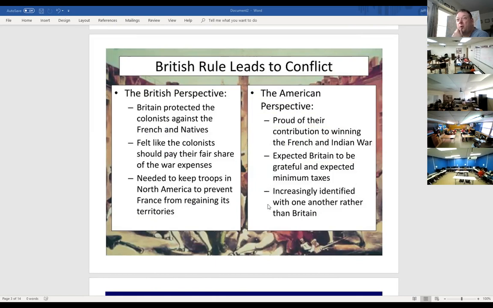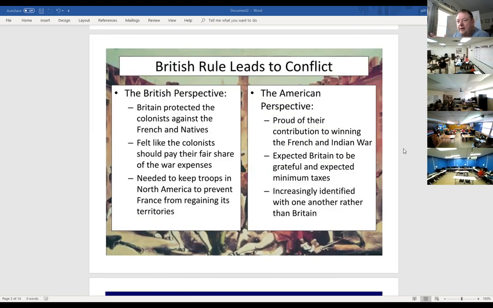And so for the colonists, a mentality started to grow at a rapid rate of, we're over here and they're over there.